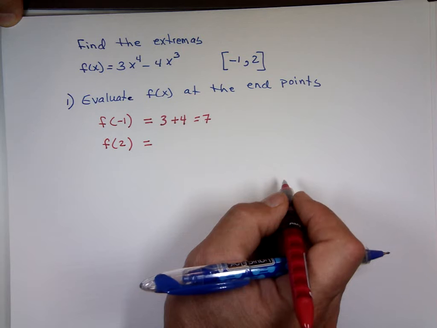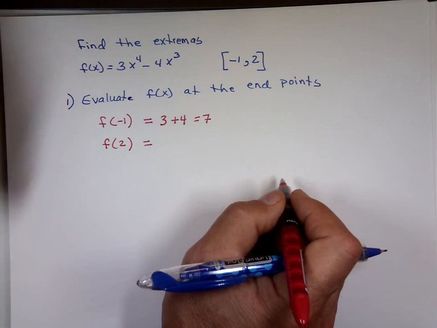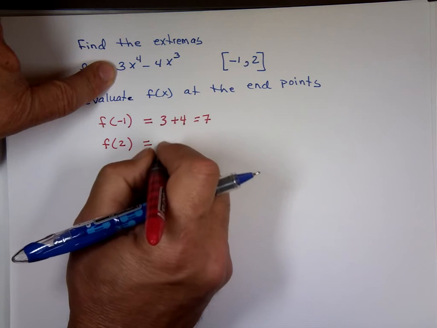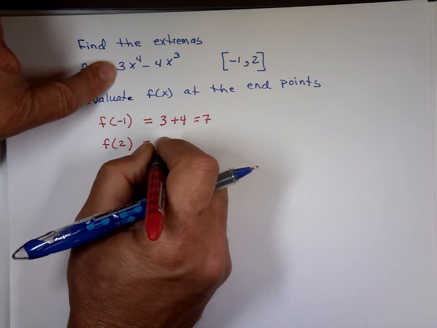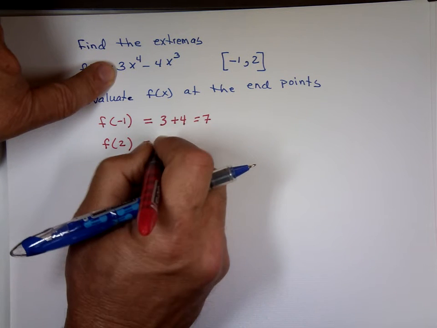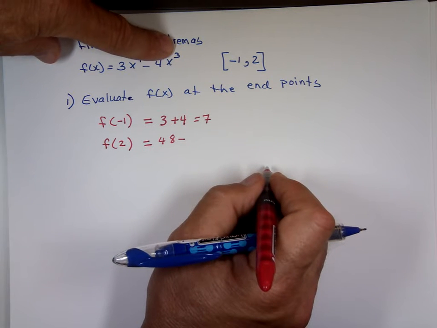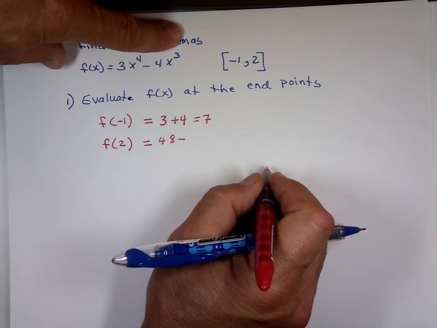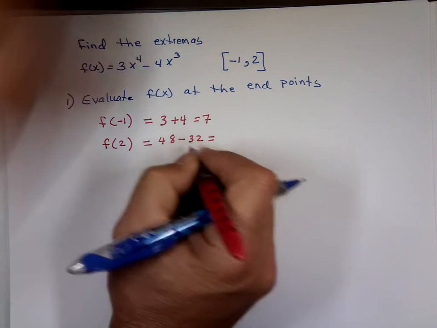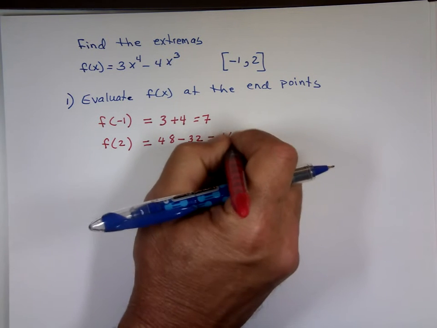When x is 2, what's 2 to the 4? 16. 16 times 3 is 48. 48 minus, when x is 2, 2 to the third power is 8. 8 times 4 is 32. What's 48 minus 32? 16. That's the first step.